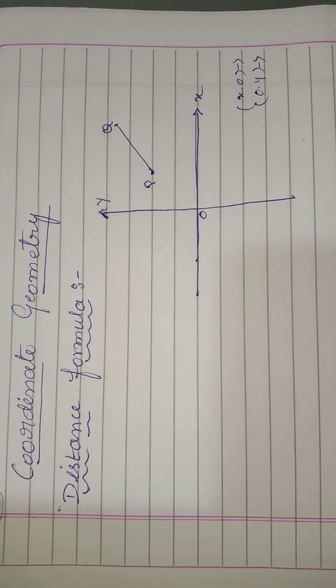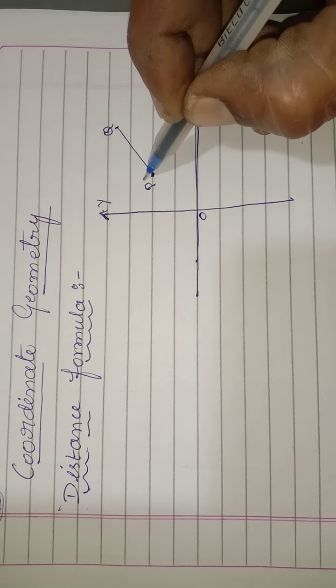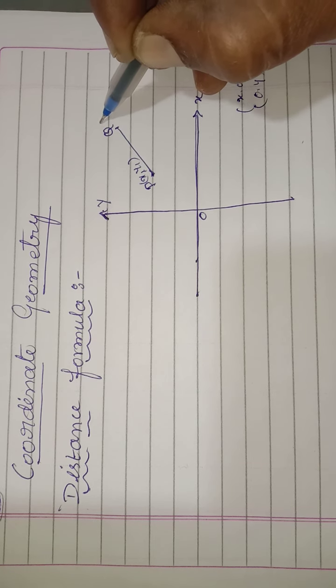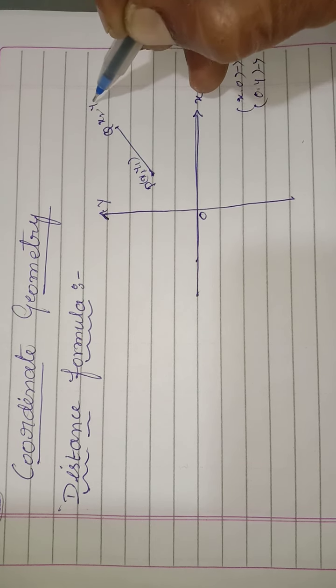Let us find the distance between the points P and Q, where P is x1 comma y1 and Q is x2 comma y2.